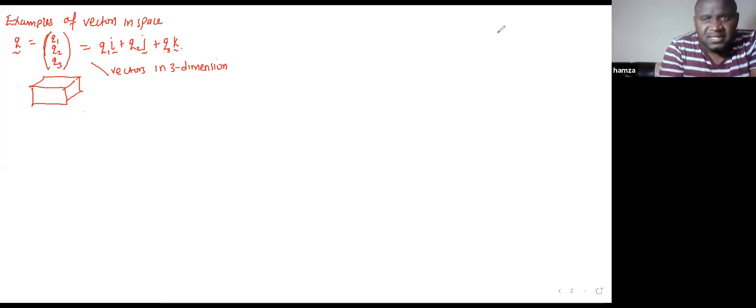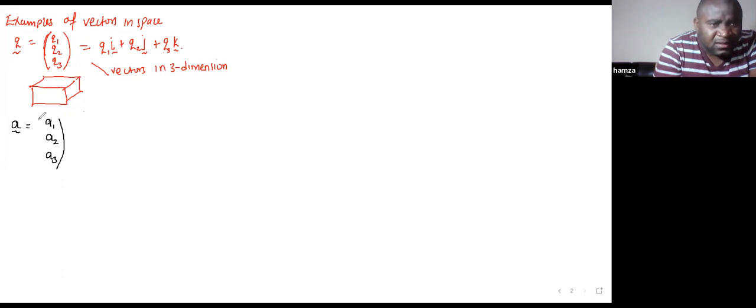You can have another vector, for example, vector a. Small a is a vector. It can be a1, a2, a3. This type of writing is called the column vector. It's going to be equal to a1 i plus a2 j plus a3 k.